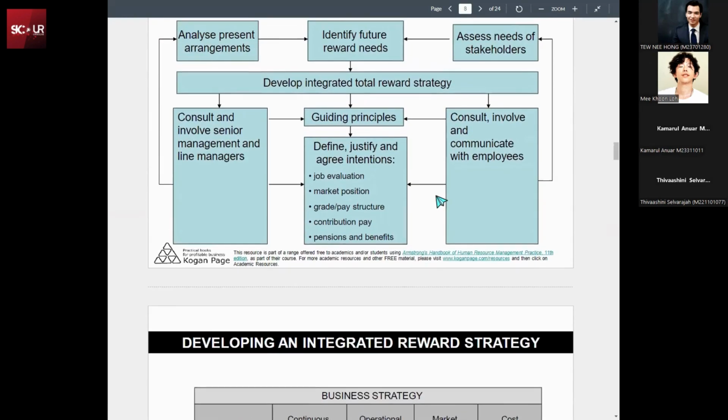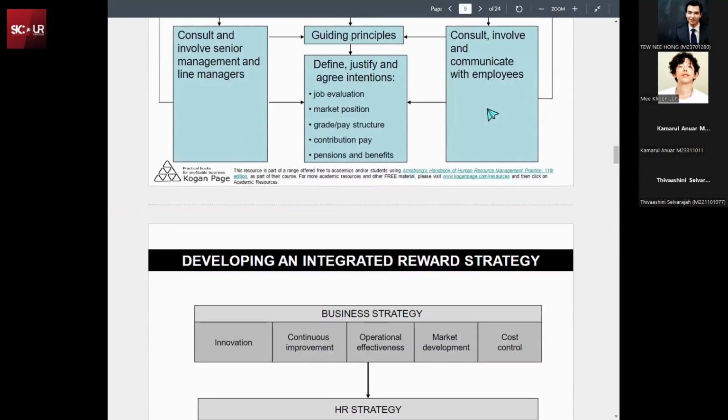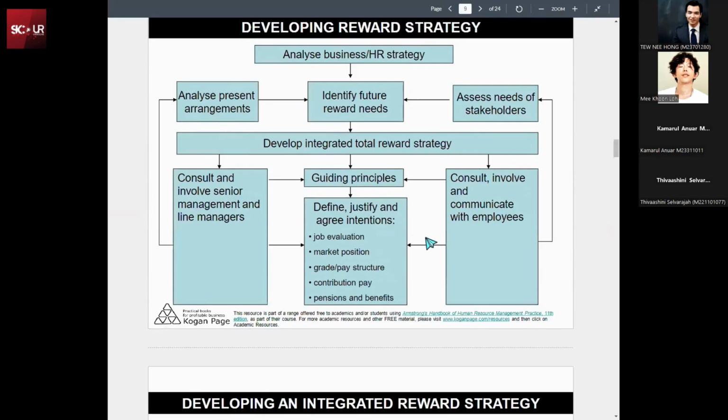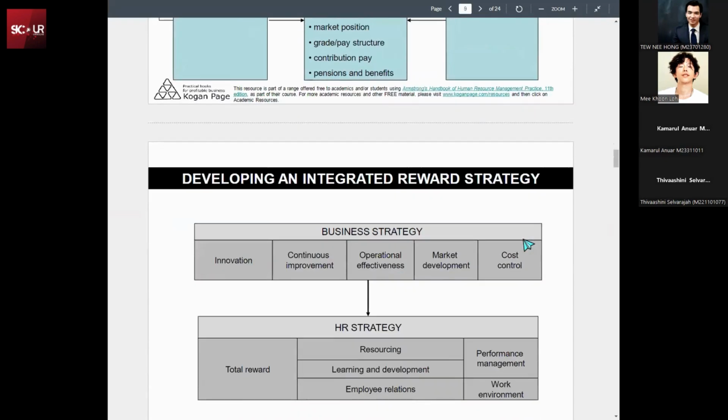Then, in our mind, we need to know how to analyze the business and HR strategy. So this is the integrated development of business and HR strategy. We need to answer this one first, because the main one needs to be synchronized. The system must be synchronized, must be towards the business and HR. What is the strategy?